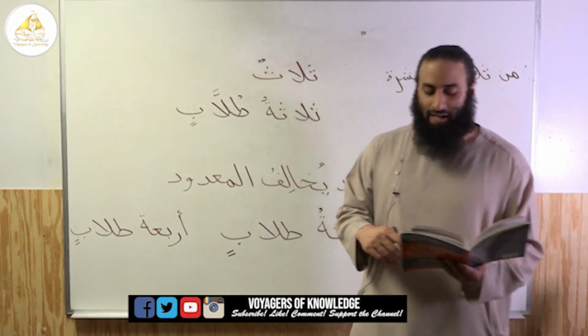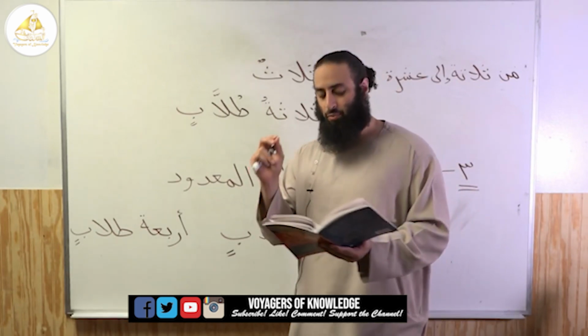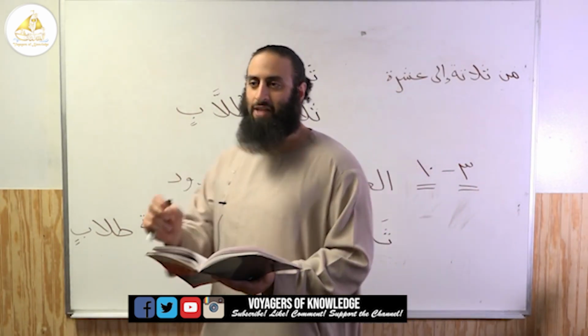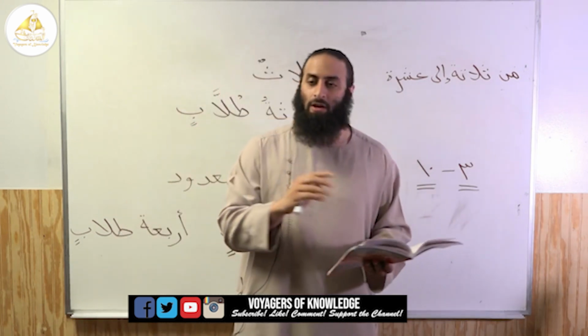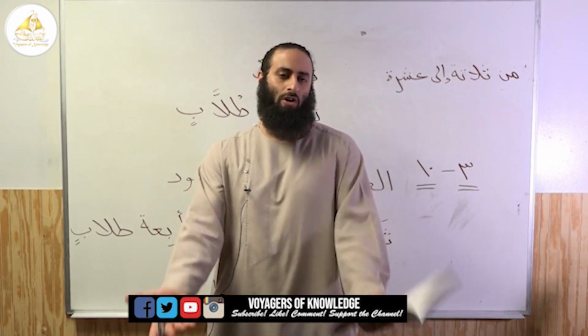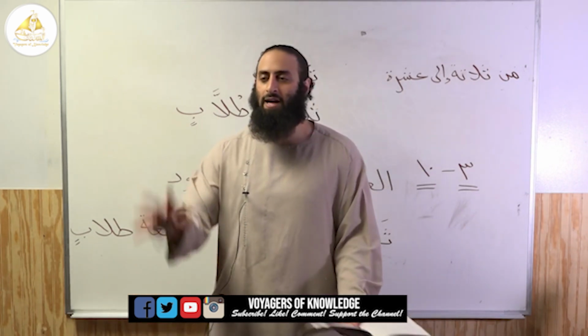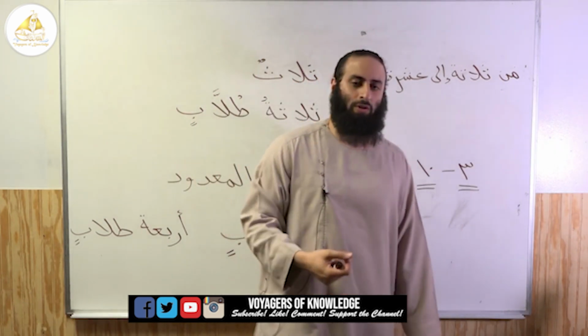Number 7. لهذه السيارة 4 أبواب. For this car, or you could just say this car has 4 أبواب. 4 doors.